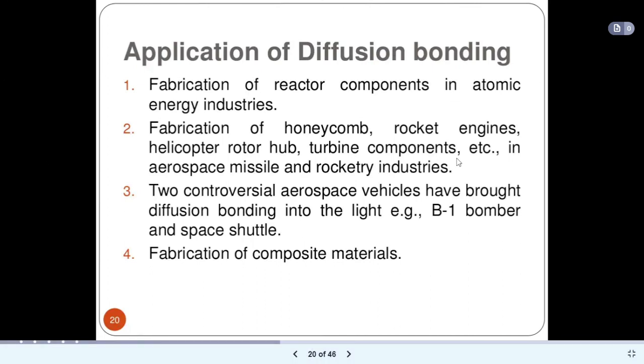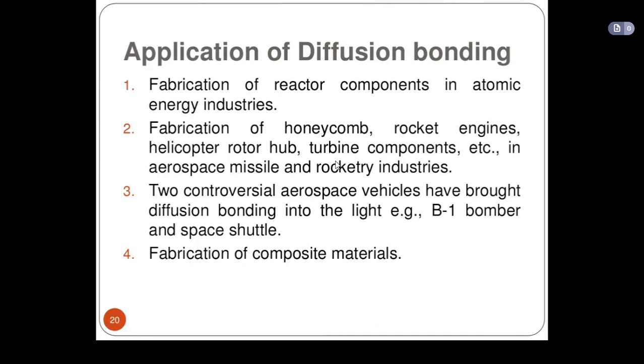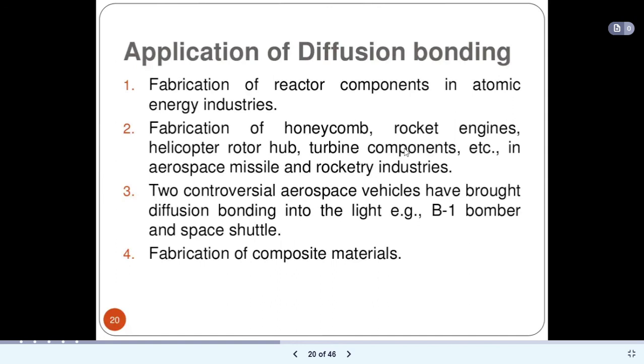Fabrication of the honeycomb, rocket engines, helicopter rotor hub, turbine compound, etc. in the aerospace, missile and rocketry industry. Means in all these industries, that is in a rocket engine or in a honeycomb, helicopter rotor hub, all these components are joined by diffusion bonding.